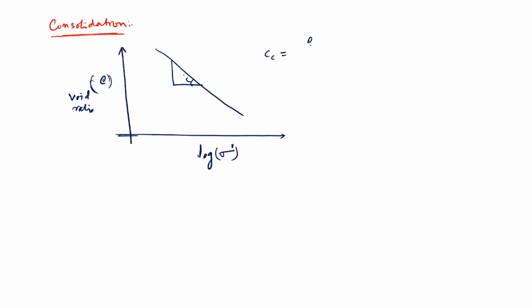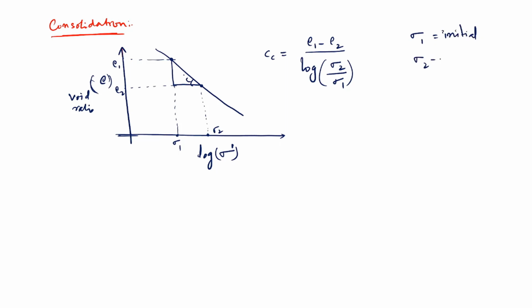Cc is e1 minus e2 over log sigma 2 by sigma 1. Suppose this is e1, this is e2, sigma 1 is here, the initial, and sigma 2 is more here.